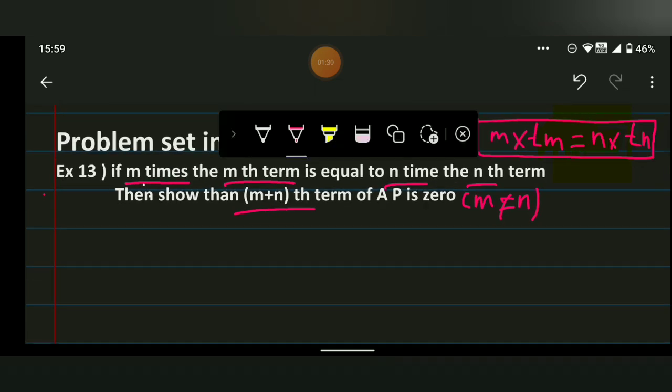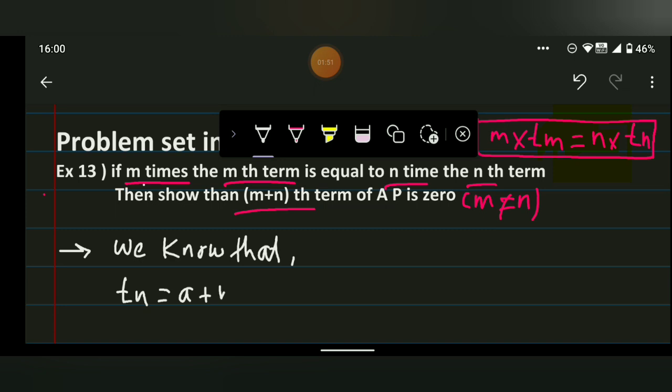As we all know, the nth term of an arithmetic progression is given by tn is equal to a plus n minus 1 into d. This is the formula for finding the nth term.